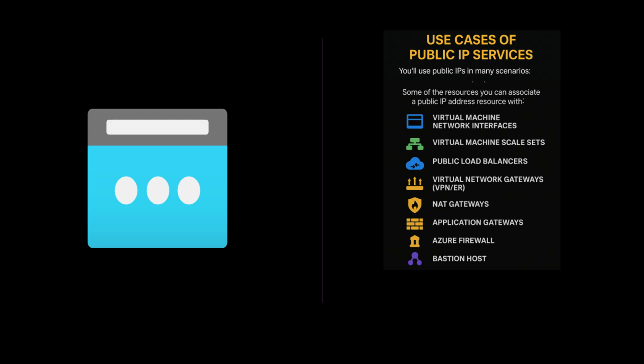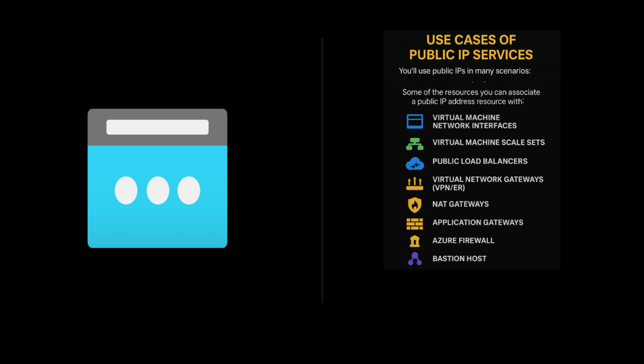Instead of assigning public IPs directly to every virtual machine, you should prefer using Azure Bastion. It provides secure browser-based RDP and SSH access without exposing your VMs to the internet. Also, make sure you actively monitor public IP usage. Use tools like Azure Monitor and Microsoft Defender for Cloud to detect unusual patterns or unauthorized access attempts. This visibility helps you respond quickly to threats.